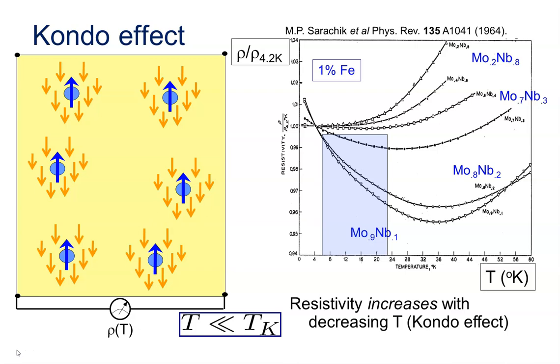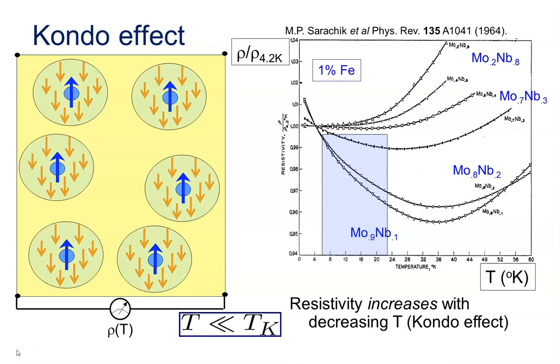So in this regime of the Kondo effect, the formation of these many-body singlets enlarges the range in which this scattering happens, and therefore this allows for more processes like that as the temperature decreases.